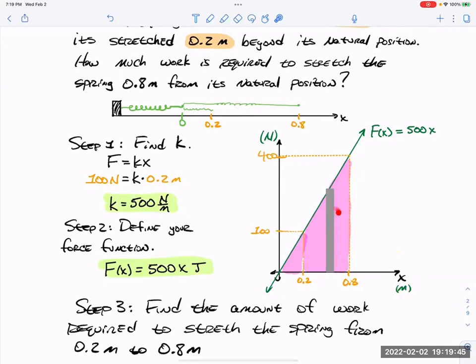So how do you find the area of a rectangle? Remember, it's just base times height. So what would the units of this thing be? Joules, right? Because it would be newtons times meters. Because the height is in units of newtons, and the width here is in units of meters. So obviously the area has units Newton meters, which we know is a joule.